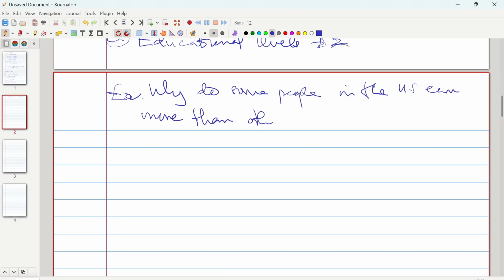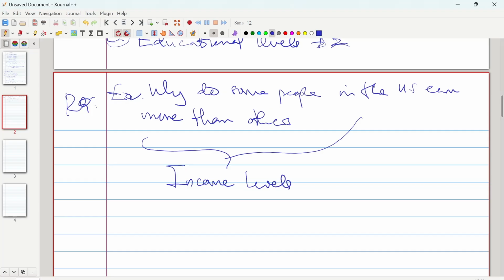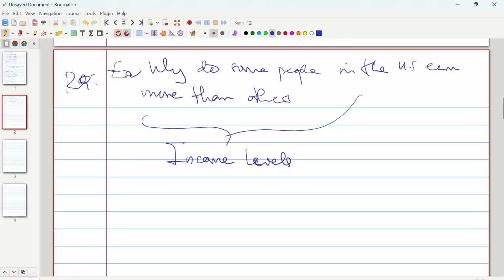So this is my research question. Now, this obviously means that I'm interested in income levels. So I can think of these income levels in the US as a variable.